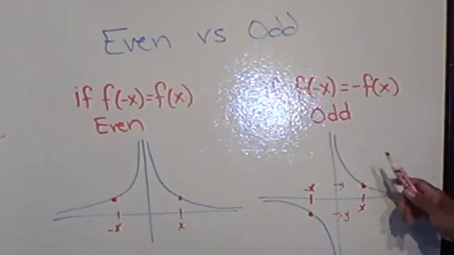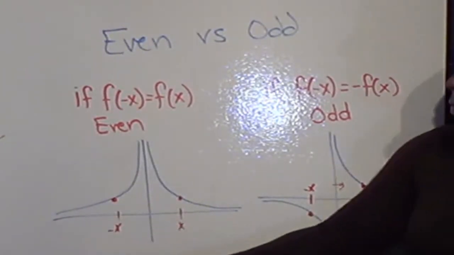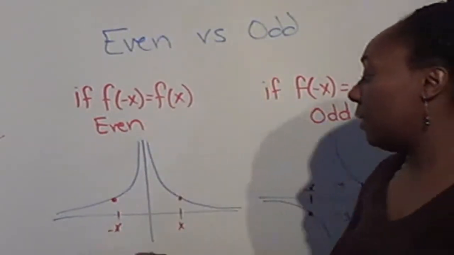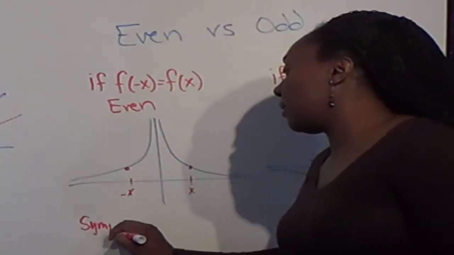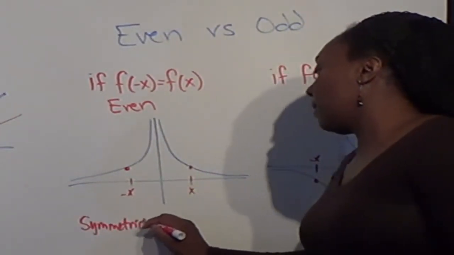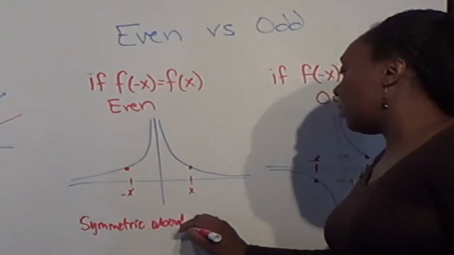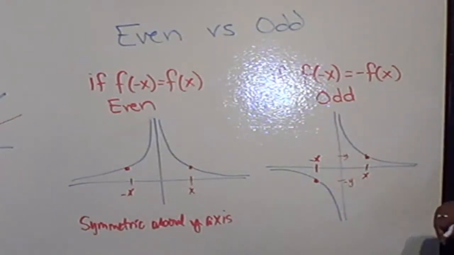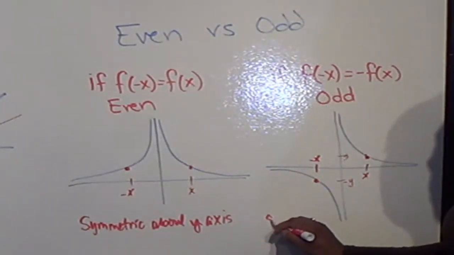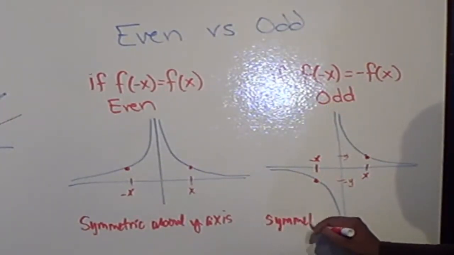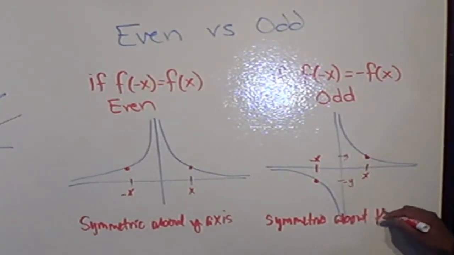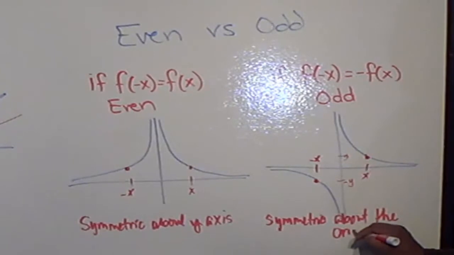Okay, and so here we can think of these in terms of symmetry. So if I'm saying it's even, this is going to be symmetric about the y-axis. And if I say it's odd, then it's going to be symmetric about the origin.